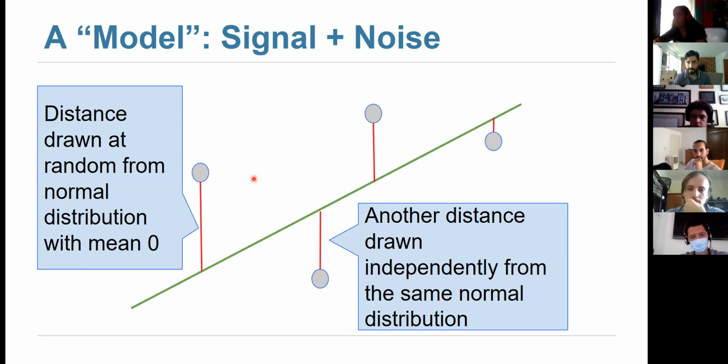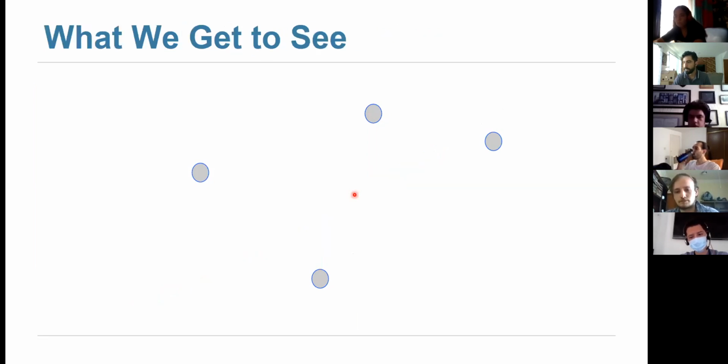So from this, what I want to tell is, we have this prediction, this model, we have the signal, and we have this noise of our residuals, which are the distance between our actual value and our regression line. But this is what we get to see when we are drawing a scatter plot or collecting data, sampling. We don't see this. We're seeing this scatter plot.